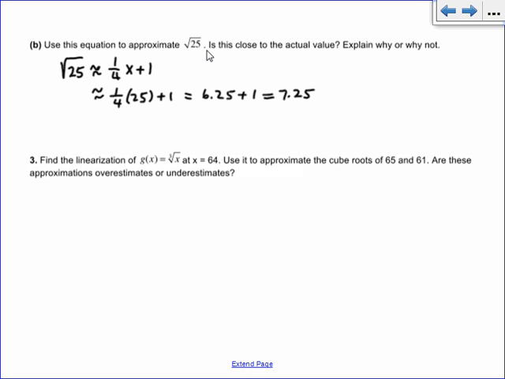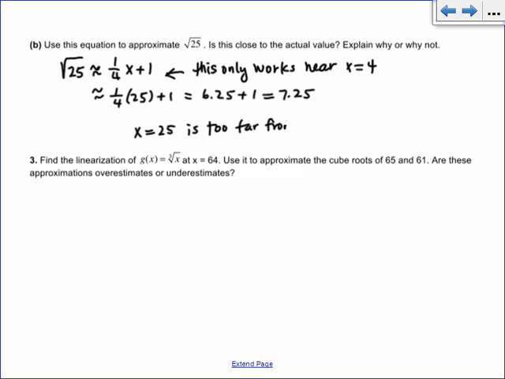Exactly. That's exactly what I'm trying to get at. Do you understand? We found the equation of the tangent line at x equals 4, so this only works near an x value of 4. We used x equals 25. So the further you get away, the further your approximation is off.